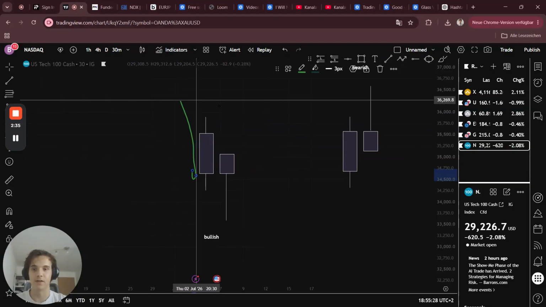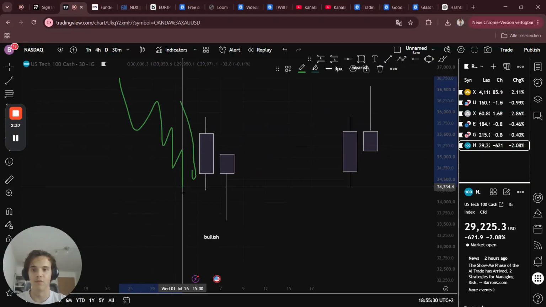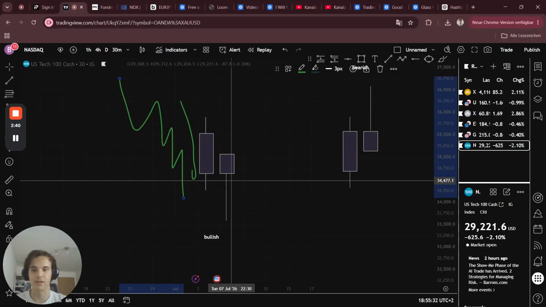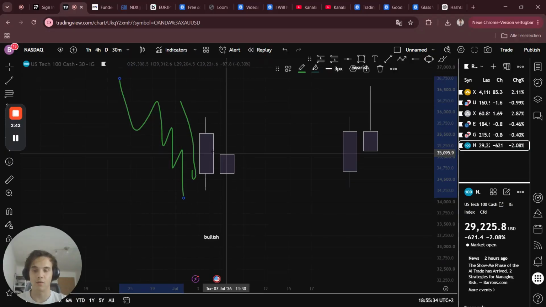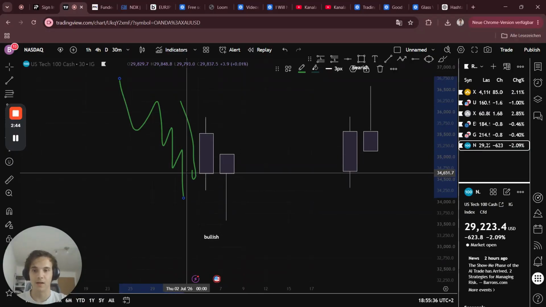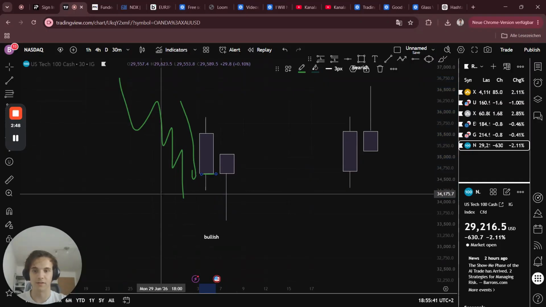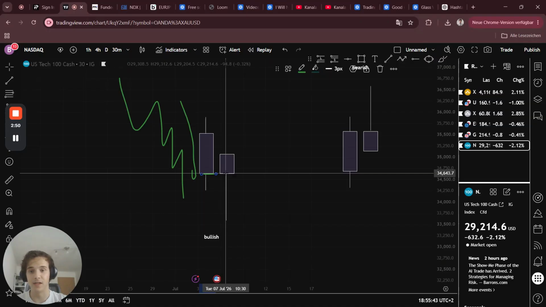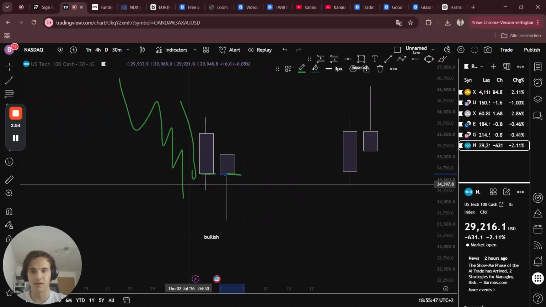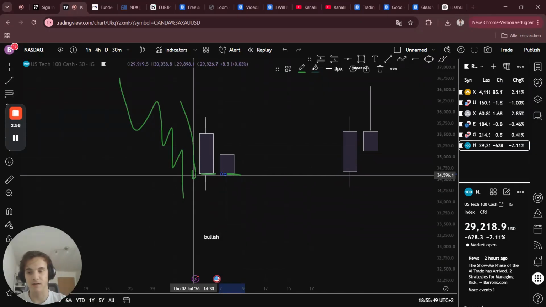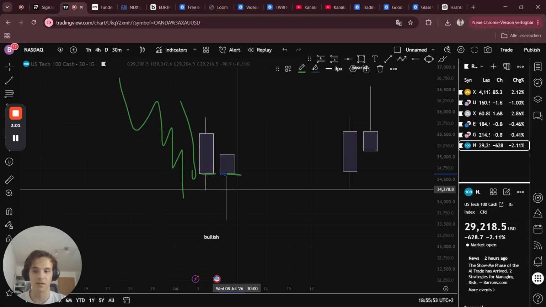So price is currently moving down in a downtrend. Then what's going to happen? This bearish candle closes right here. What then will happen is the next candle will open here. Wherever the candle before closes, the next candle opens.